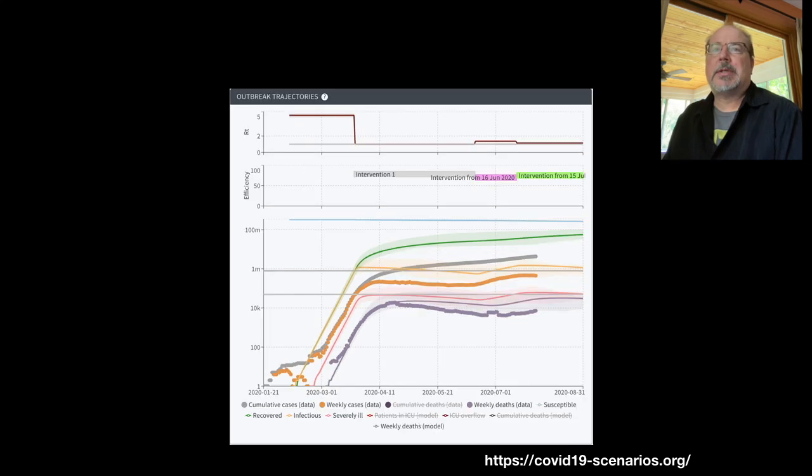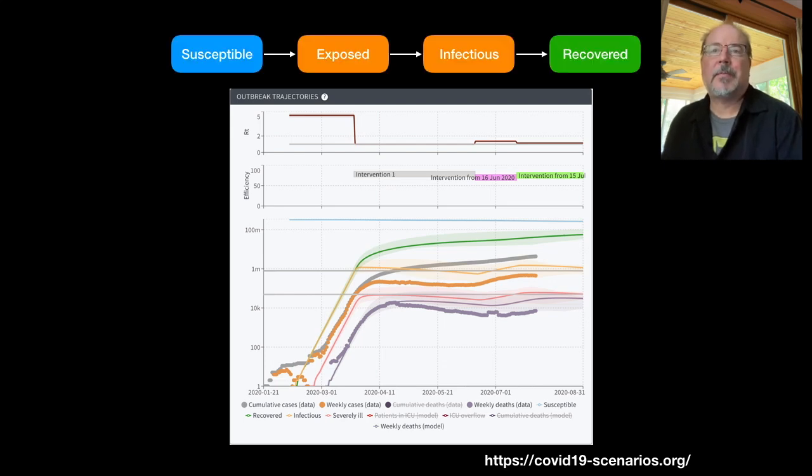This model is able to be adapted to different types of interventions, and you can see here I've modeled what's happened in the US where we had effective interventions throughout much of March and into June. And then after that, we had less effective interventions going on as we reopened the country. And finally, we're now reimposing some of those interventions.